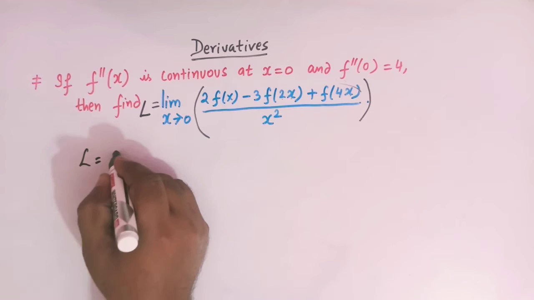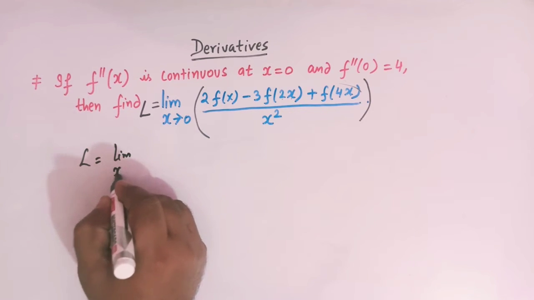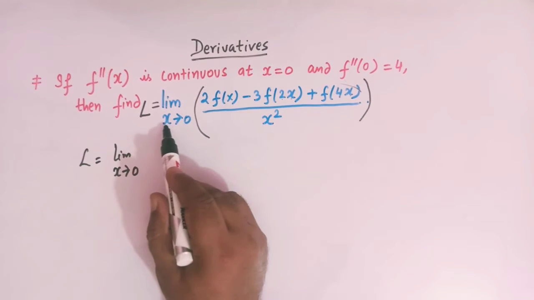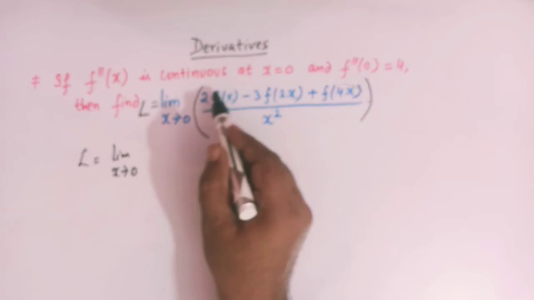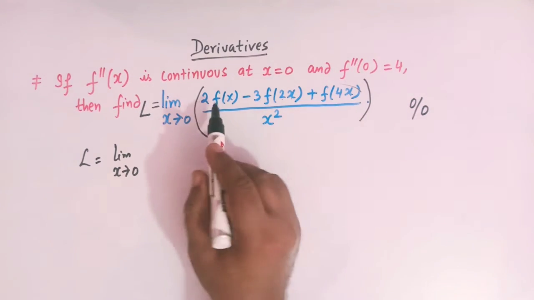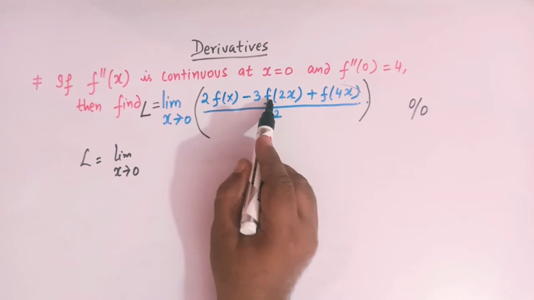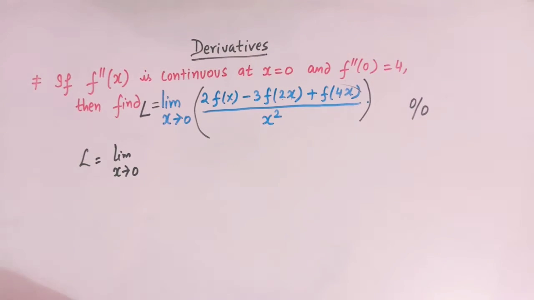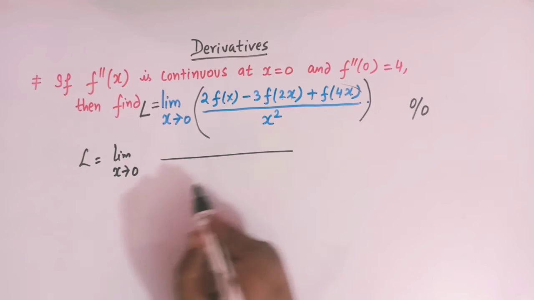So L can be written as limit x tends to 0, and we have just seen that when we take x is equal to 0, this function reduces to 0 over 0 form. So we can differentiate the numerator with respect to x and the denominator with respect to x, right? So let us see what we get.